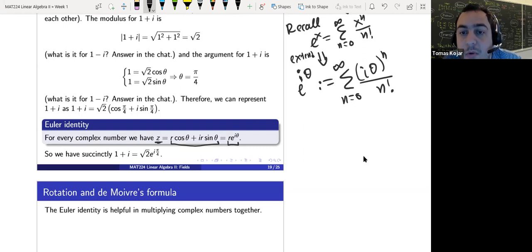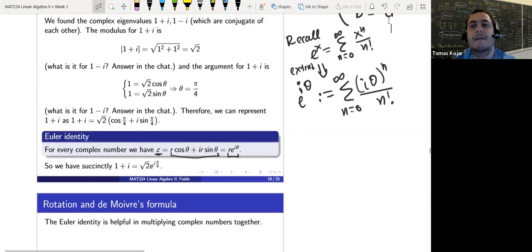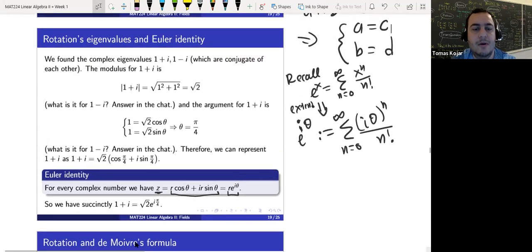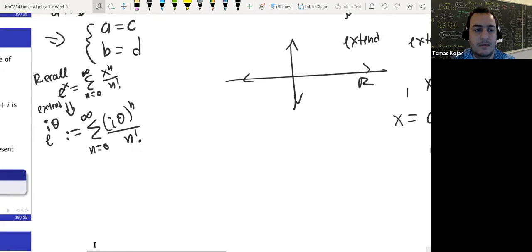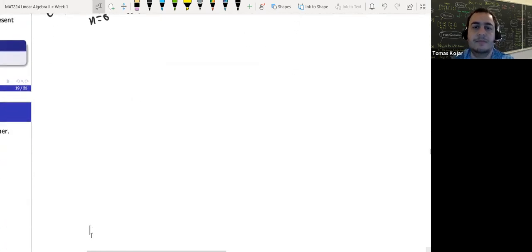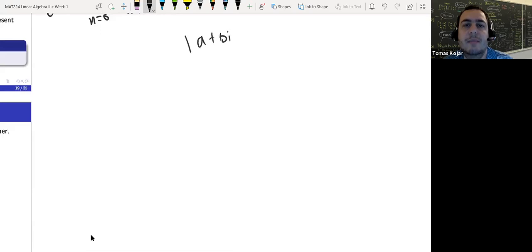How come we square minus 1 and not minus i? Oh, because you take the Euclidean distance, okay? So again, if you want to find, let me do it below here, the modulus of a plus bi, you can look at it as a vector.